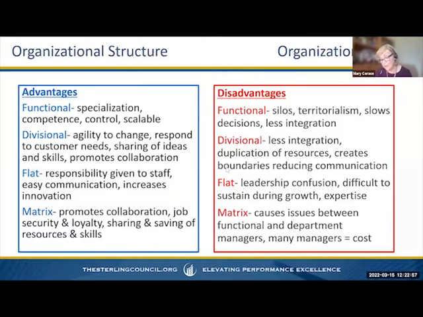So they're a big attraction for competitors, and it increases your turnover rate. Functional organizations produce specialization and competence in their employees, but typically may have trouble working cross-functionally, often experiencing some silos.